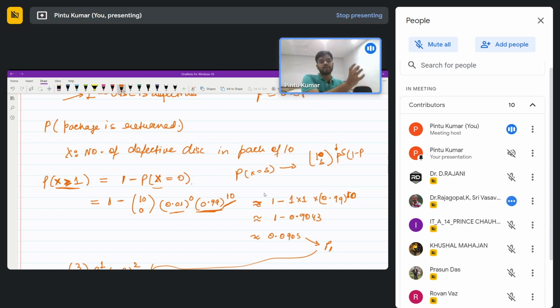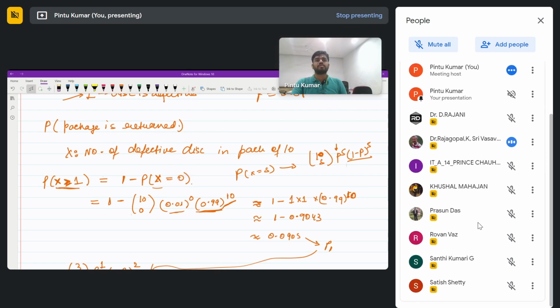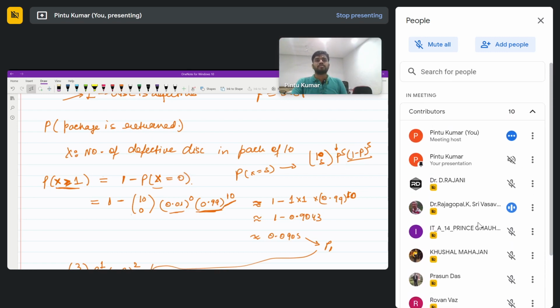And p has not occurred 5 times. That's why you multiply 1 minus p 5 times. So that's how we reach this Bernoulli distribution formula. Eventually, what you are saying is already captured in this Bernoulli distribution formula. That's how people have derived it, that's how this formula is derived.